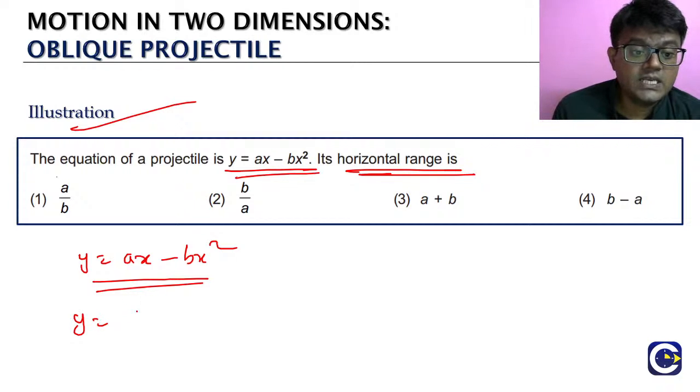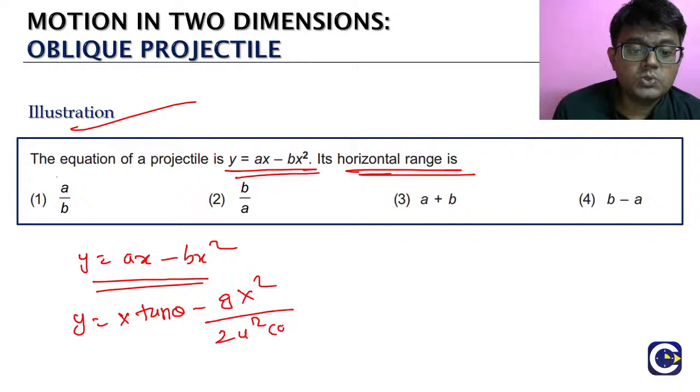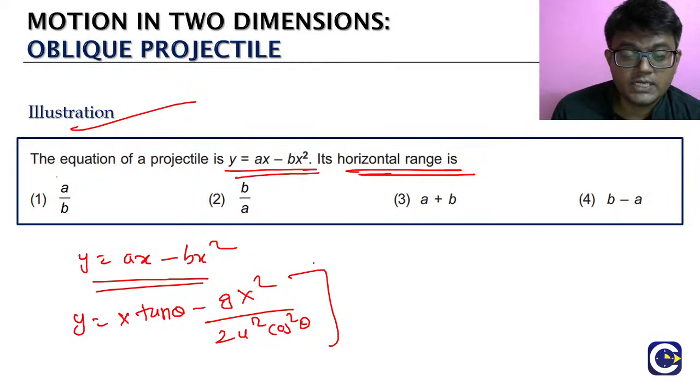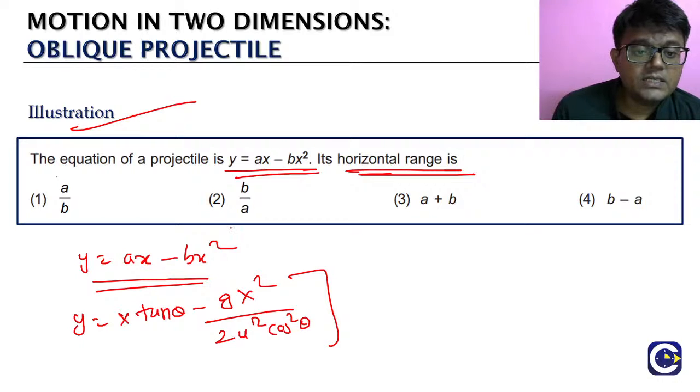What is the standard equation? y is equal to x tan theta minus gx square by 2u square cos square theta. Comparing, we will get tan theta is equal to a, and g by 2u square cos square theta is equal to b. Then we will try to convert this into the range expression.